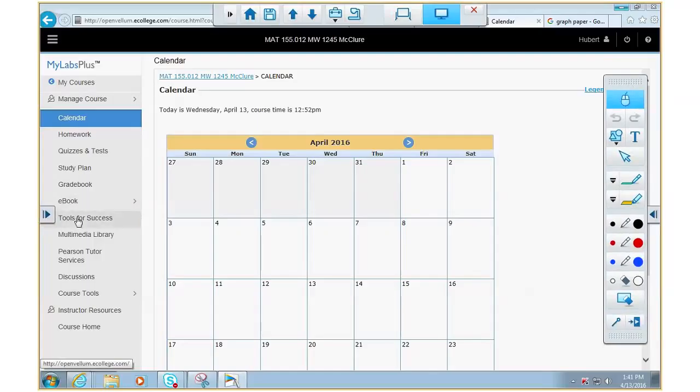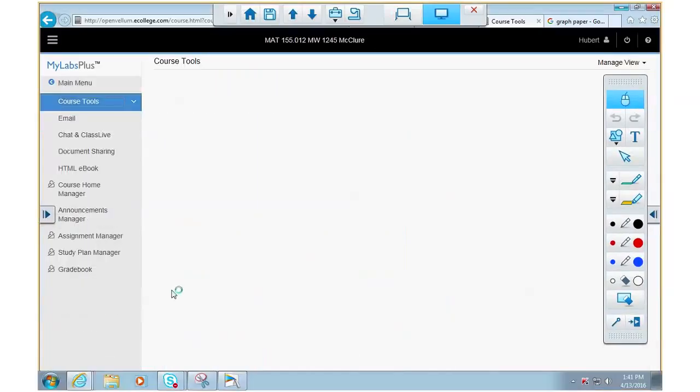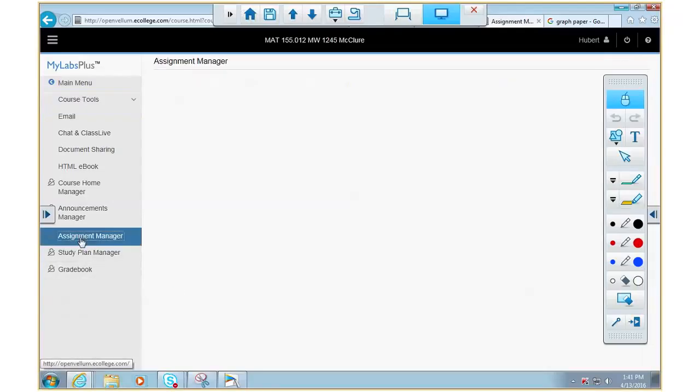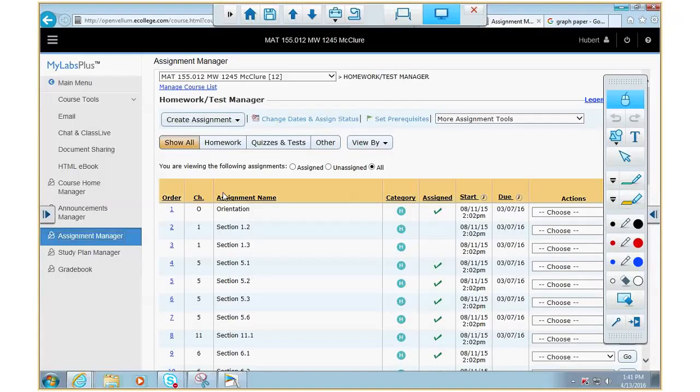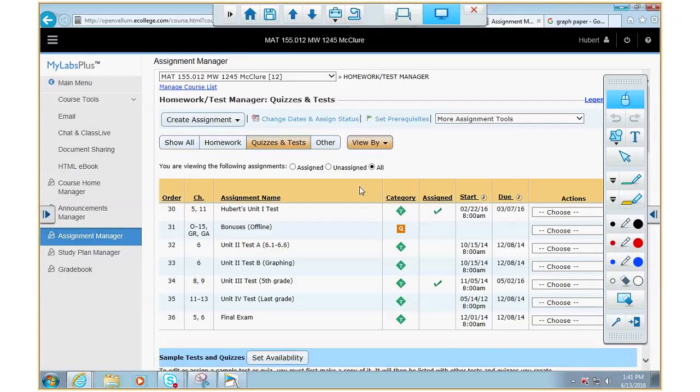It isn't open, is it? Okay, then I need to go through here. It should be Unit 2, graphing, right there.